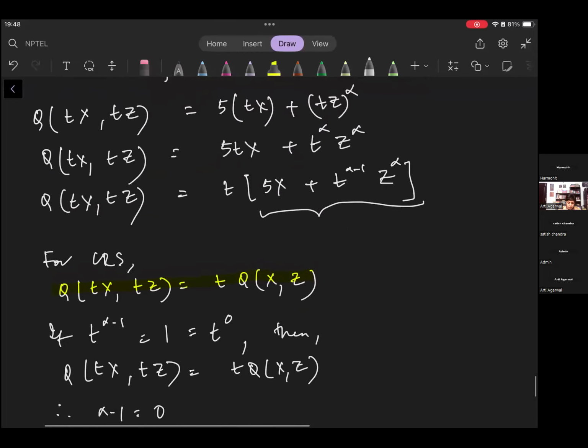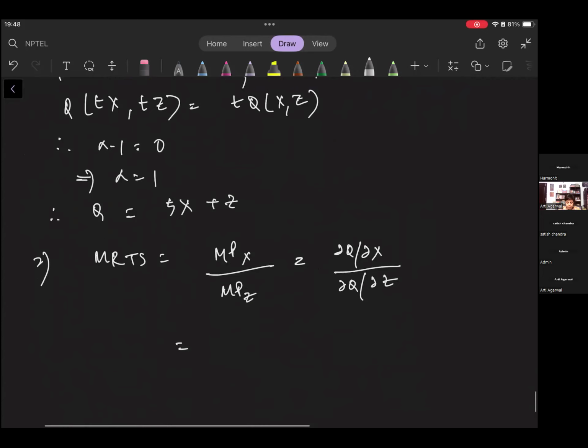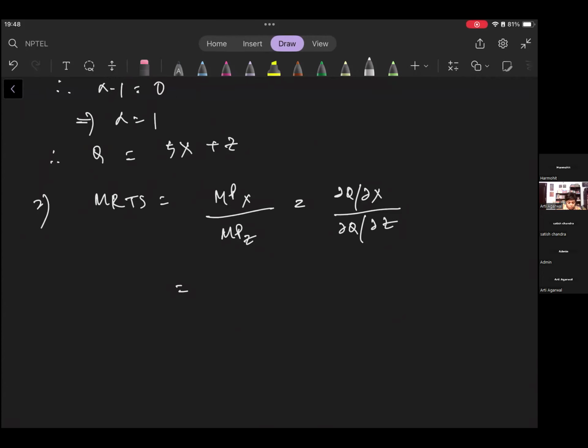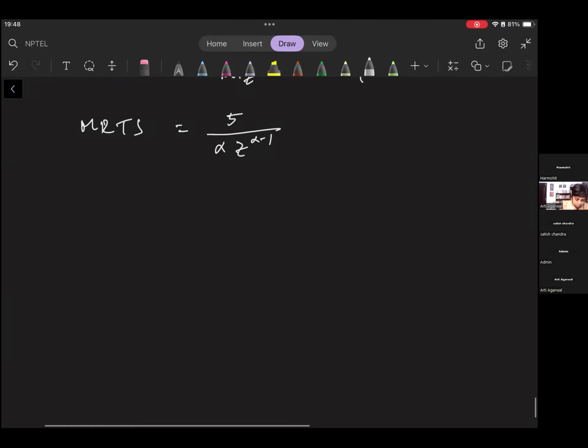Let me put the function again. I have 5x plus z to the power of alpha. Here you have to answer in terms of alpha. So this is 5 over alpha into z to the power of alpha minus 1. That's it. That's your MRTS. There's nothing more to it.